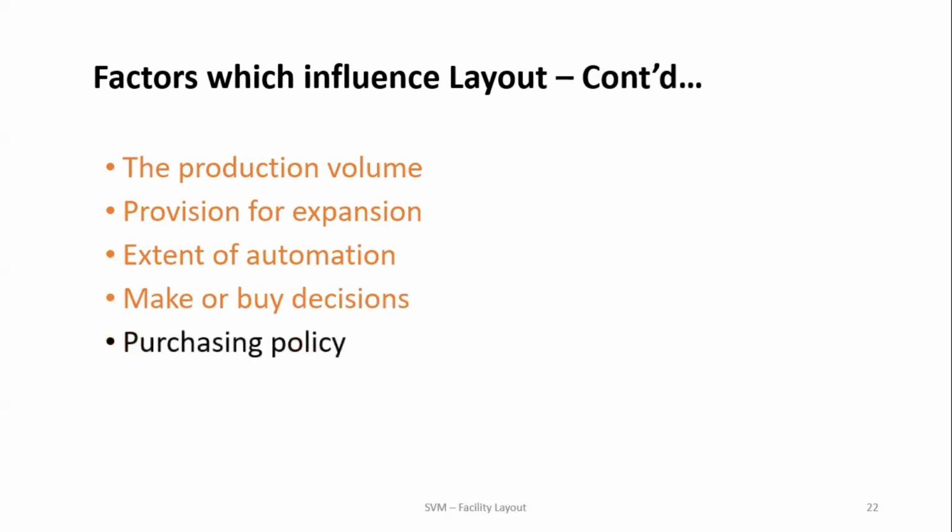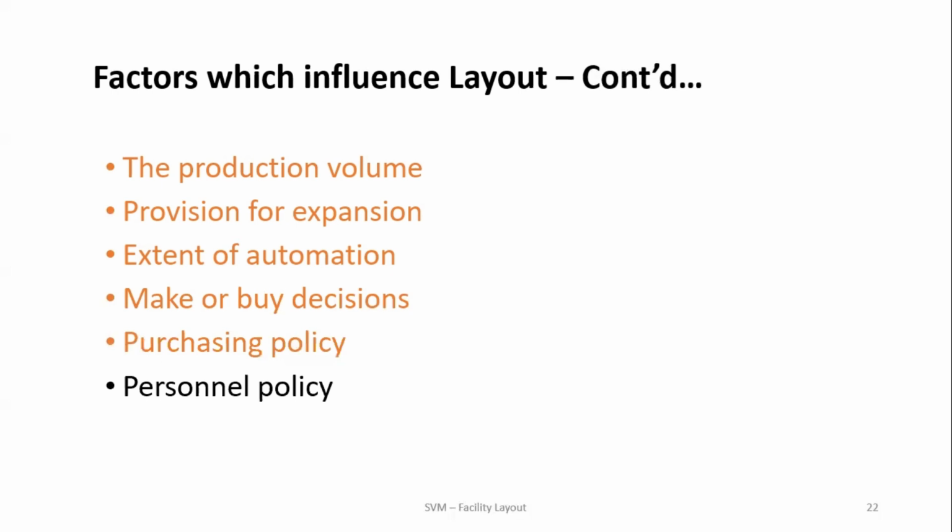Your purchasing policy: are you going to be a service-oriented industry or a bulk manufacturing industry? Depending on that, your purchasing policy may vary. Personnel policy: are you going to have more permanent employees or bring in contractual employees?